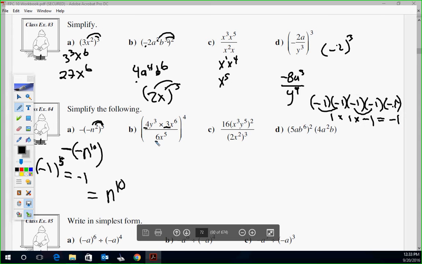So it's going to be what you said, but 4 to the 4th, y12 times 3 to the 4th, x24, all over 6 to the 4th, x20. Okay, those are pretty big numbers, but we still need to do them. Yep. And so we can do these now and then simplify this fraction. So we just got to figure out what those numbers are. They're going to be relatively big.